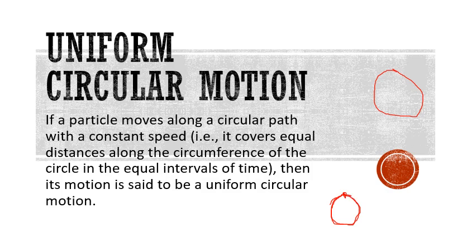And if it covers the same distance in equal intervals of time along the circumference, that is the boundary of the circle, then we will say such kind of motion is uniform circular motion.